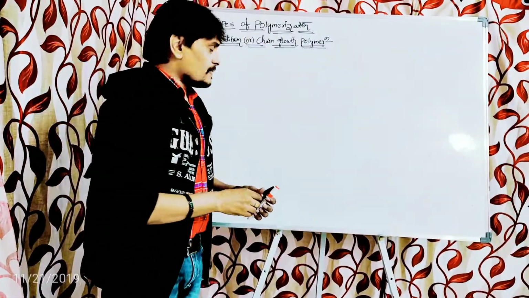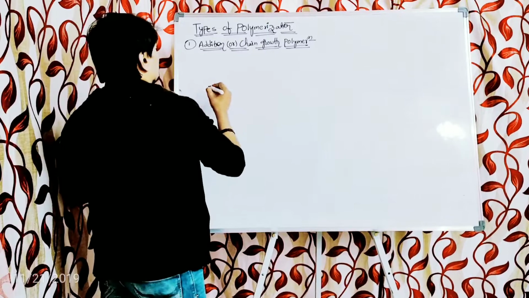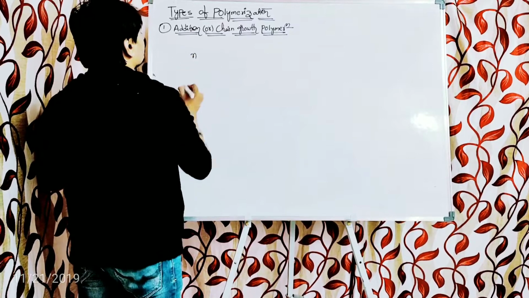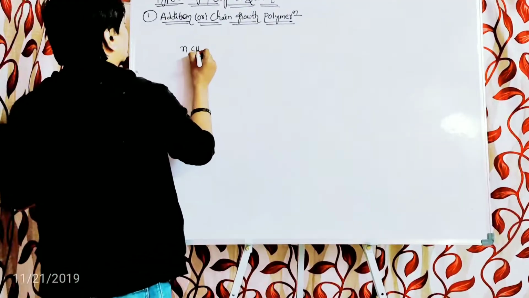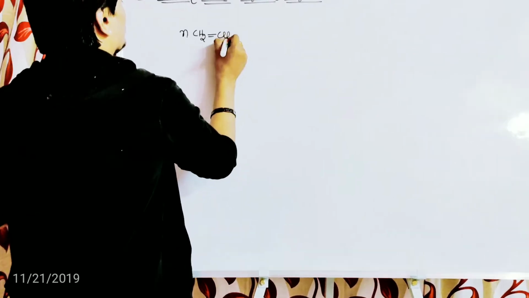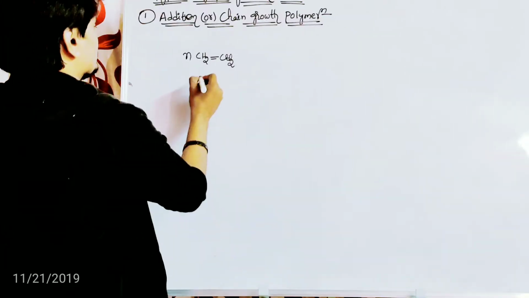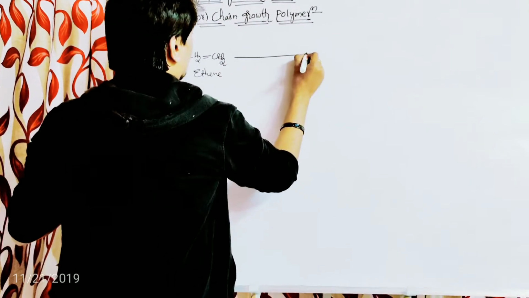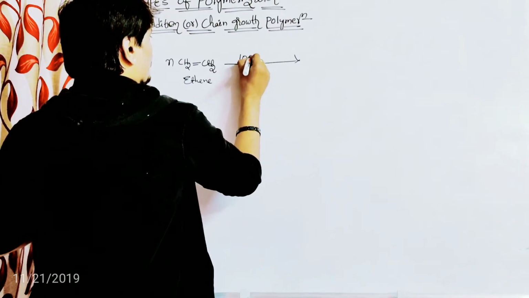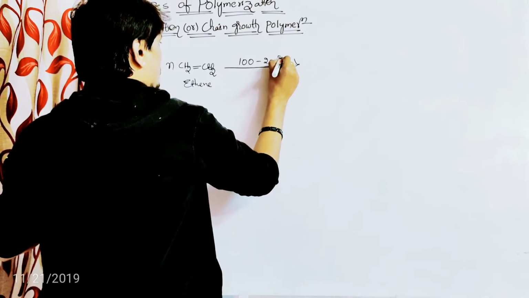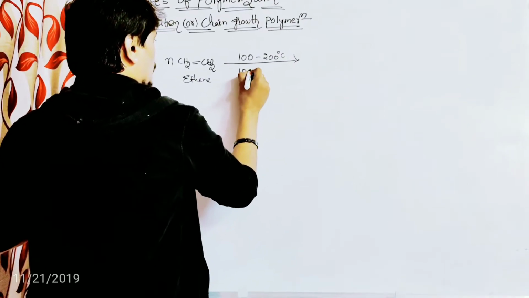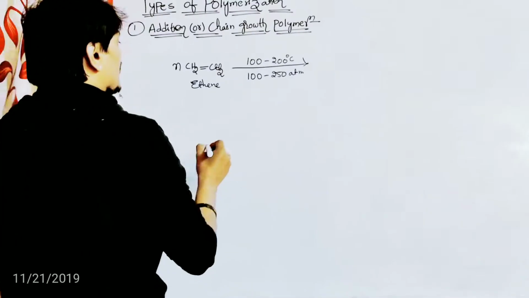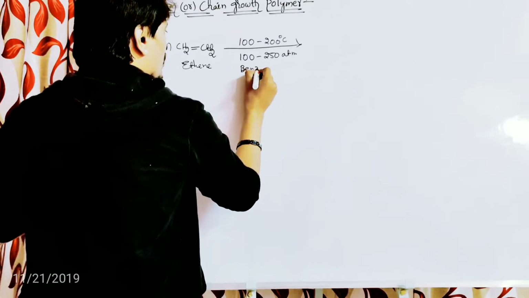For example, I will take the preparation of polythene. For the preparation of polythene, what is the monomer, students? Ethene is the monomer. This at 100 to 200 degrees centigrade temperature and 100 to 250 atmospheric pressure, in presence of benzoyl peroxide.